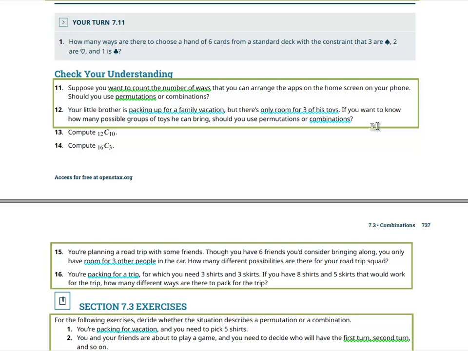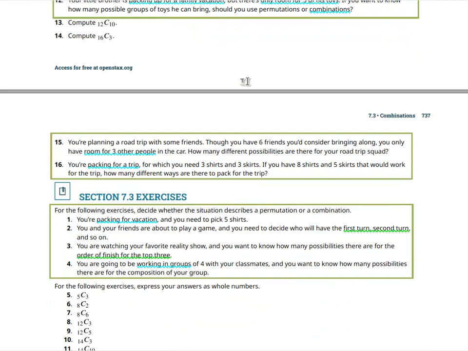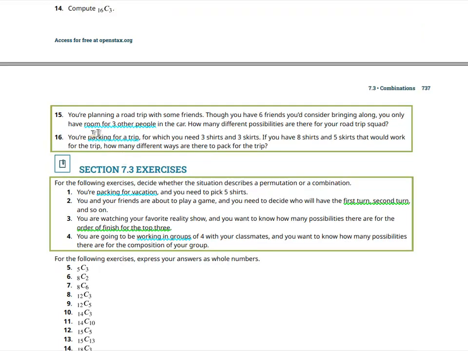So the permutation doesn't matter, it's only a combination. Unless, of course, the little brother decides, well, these 2 toys I want to put in the luggage, and this one toy I want to take into the carry-on. Okay, now a permutation could matter, right? But other than that, whenever you're planning for a trip, it really doesn't matter in which permutation you have them, in which order you have them.